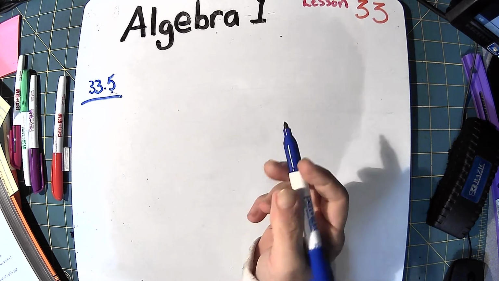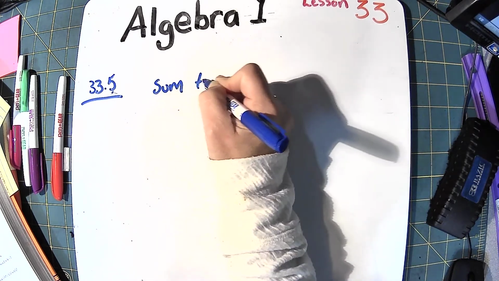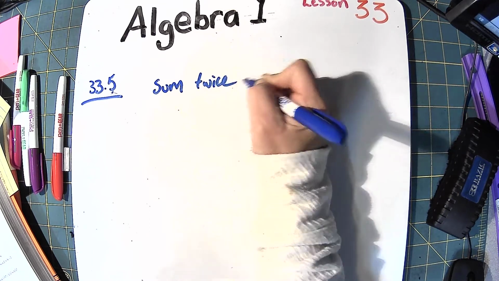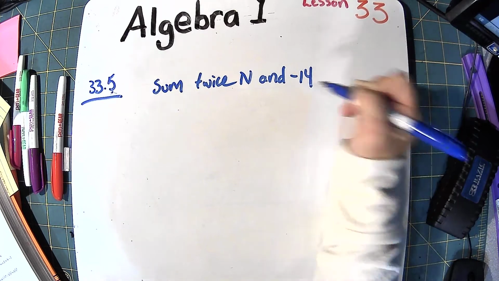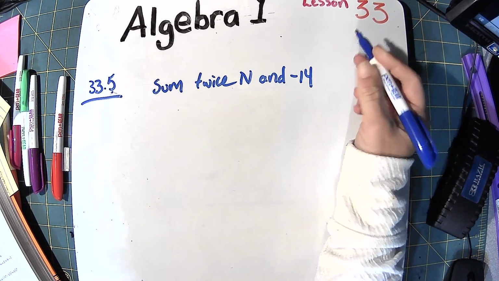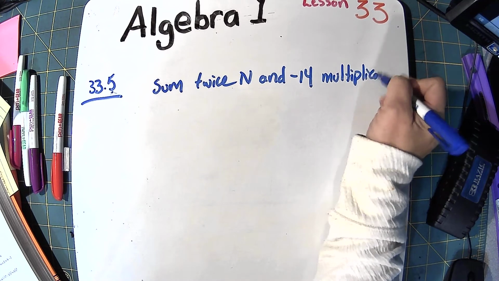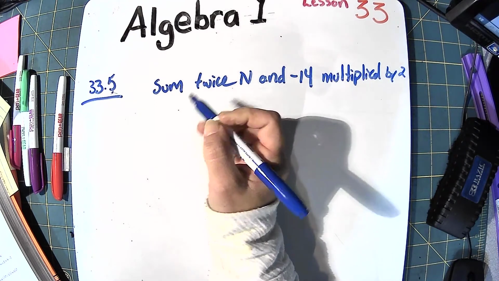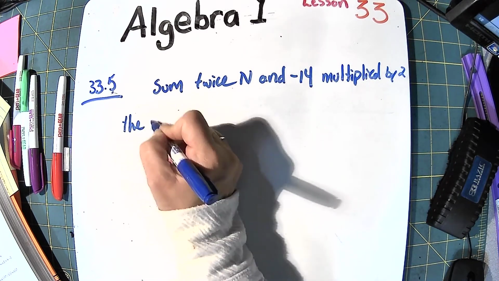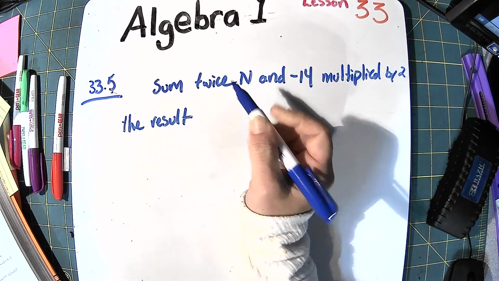If the sum of twice a number and negative 14 is multiplied by 2, the result is 12 greater than the opposite of the number.